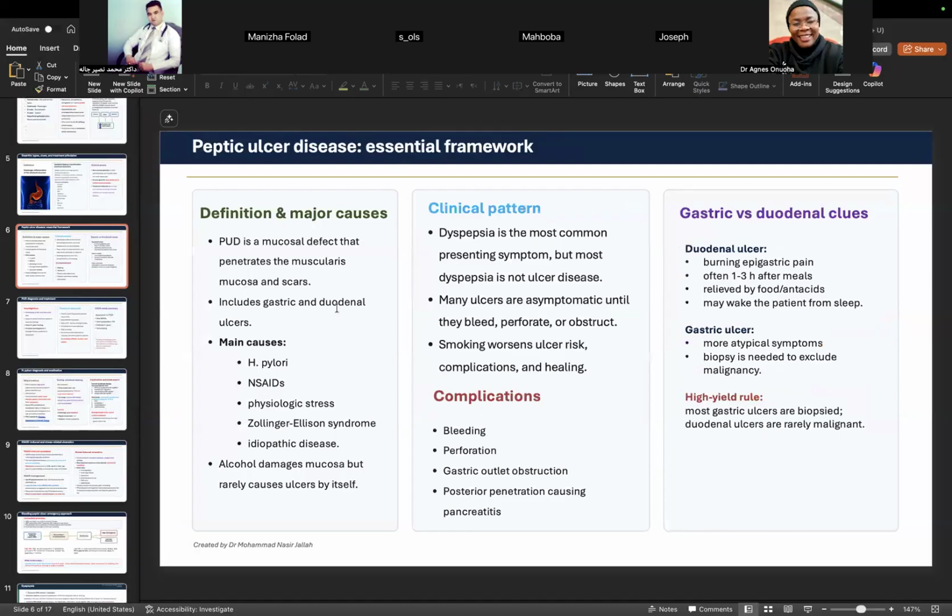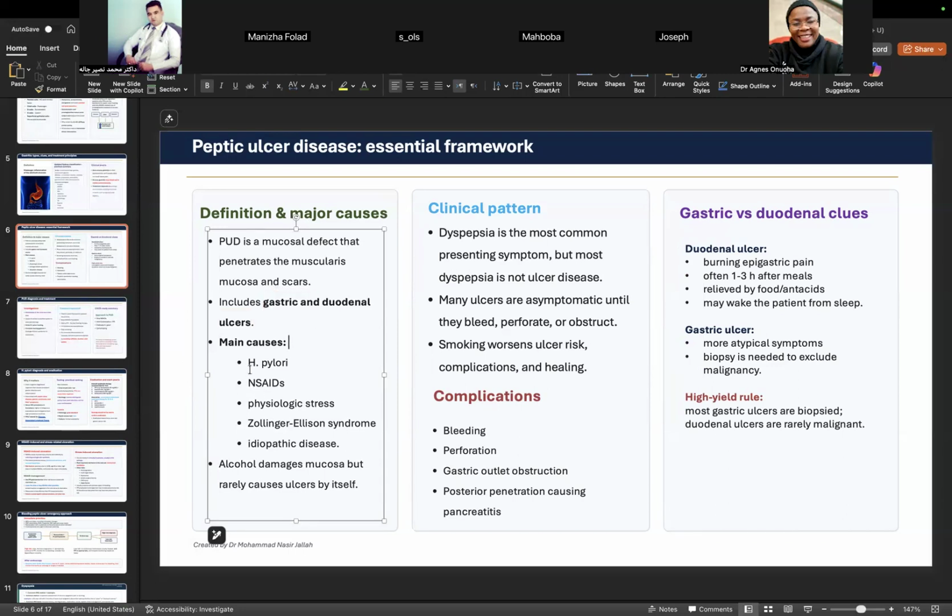Peptic ulcer disease, essential framework. Definition: PUD is a mucosal defect that penetrates the muscularis mucosa and scars. It includes gastric and duodenal ulcers. These are the two things that we are going to discuss a little bit more.